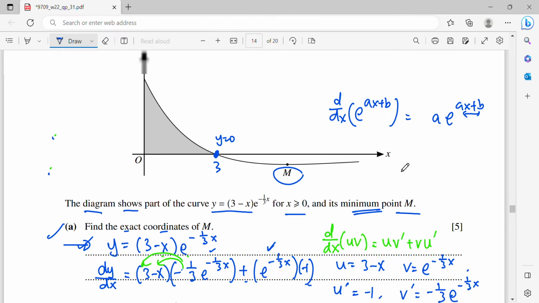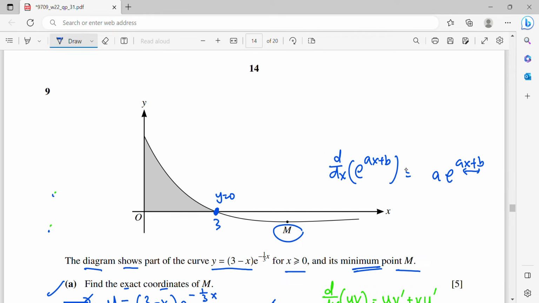So now to integrate to get the area, it is a region towards the x-axis. Therefore, your area is going to be integrate y dx. The limits will be 0 and 3.